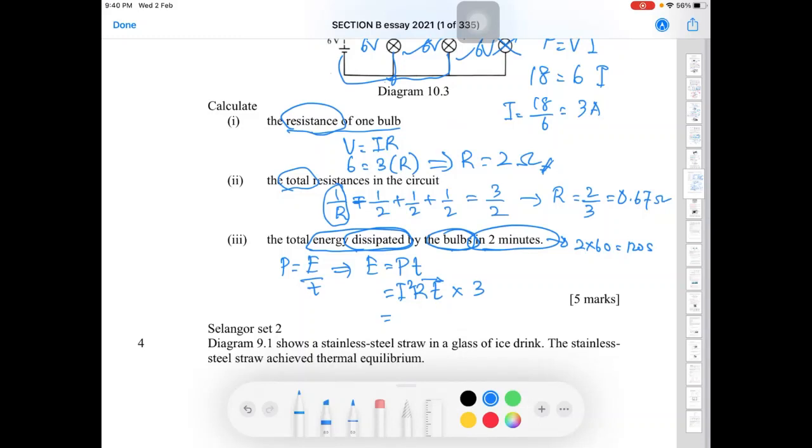Okay. So 3 power 2. Resistance setiap satu adalah 2 ohm. And then masa time dia adalah 120. So you times dengan 3 bulbs. Okay, so you akan dapat 6480 joule. Okay, boleh ya?